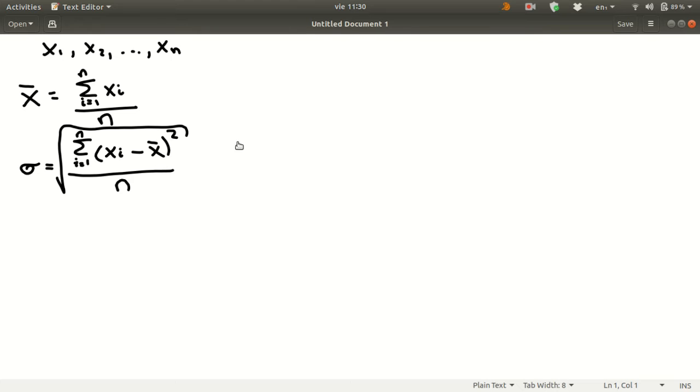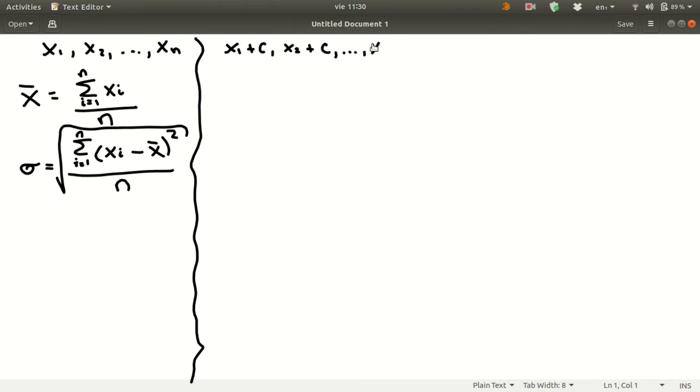Okay? Alright, so now let's look at what happens when I add a constant value to every member of the data set. So let's say that we're going to add c. So we have x1 plus c, x2 plus the constant c, and so on, x sub n plus c. So let's calculate the new mean.